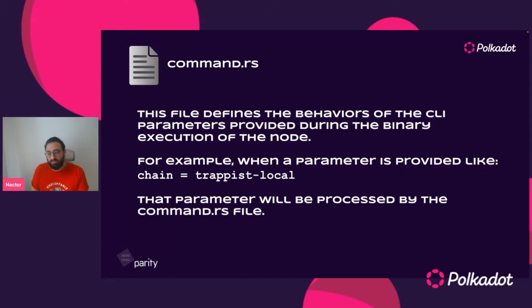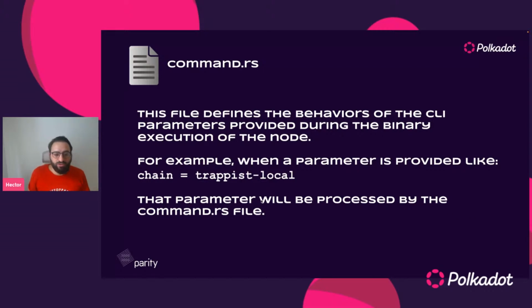Another one which is important, as I said, is the command file. If you have executed the node, you execute the client, the binary that results from the compilation. When you provide a parameter, those parameters are mapped in this file, the command.rs file.